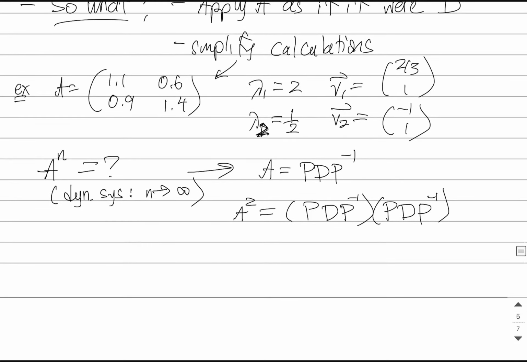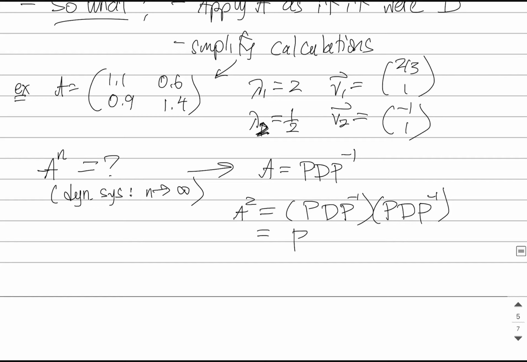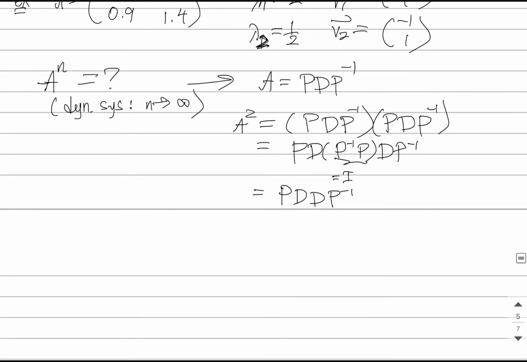When I have a bunch of matrices like this, I'm allowed to insert brackets wherever I'd like. So I'm going to choose to insert a bracket here. Then I'll get a P, D, D, P inverse. And that is a P, D squared, P inverse.